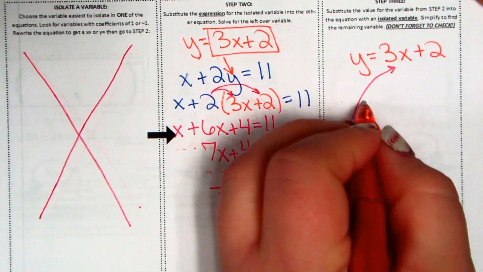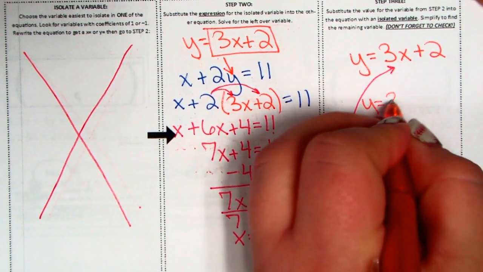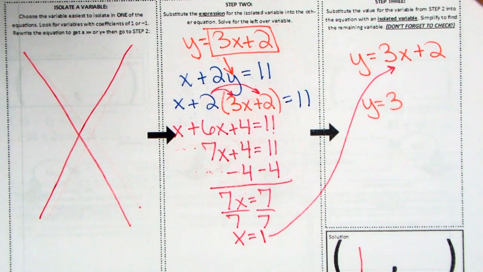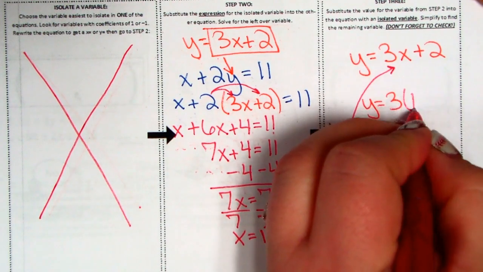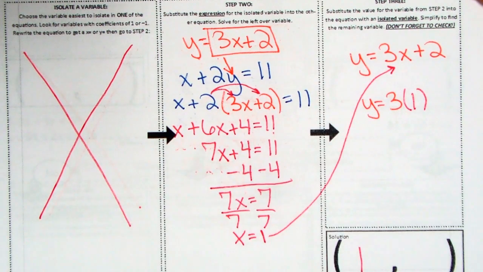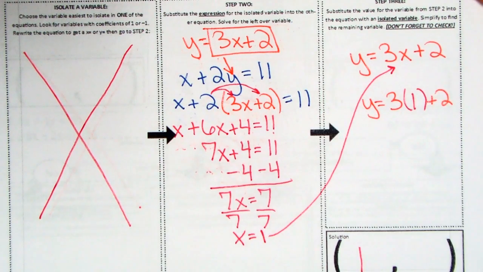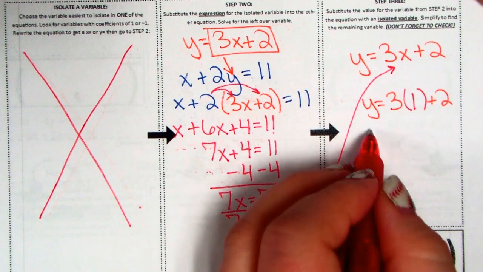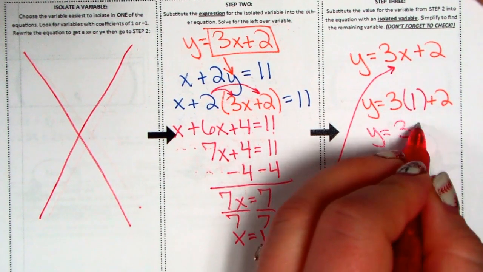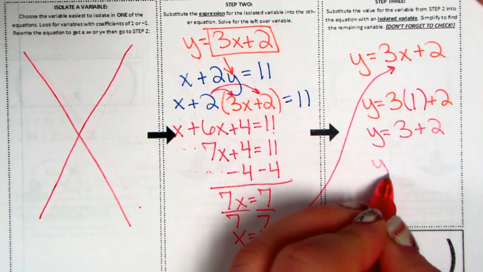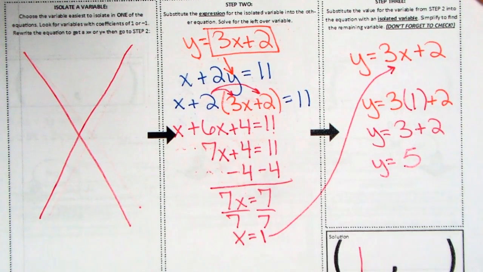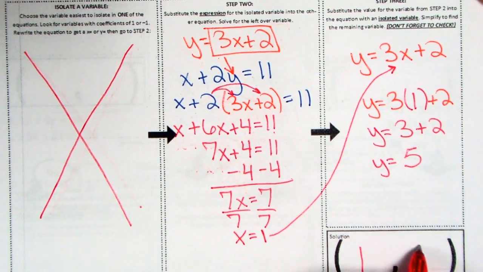So we'll have y equals 3 times 1 plus 2. 3 times 1 gives us 3. And 3 plus 2 gives us 5. So the other part of our answer is 5.